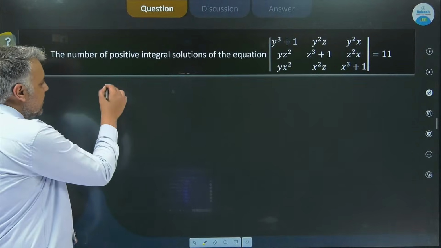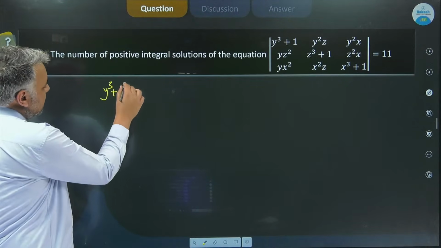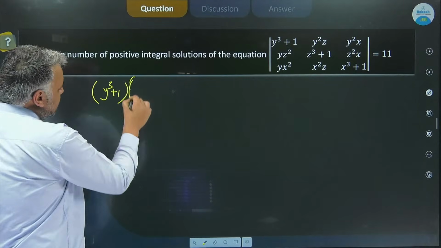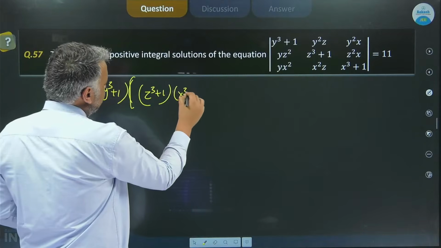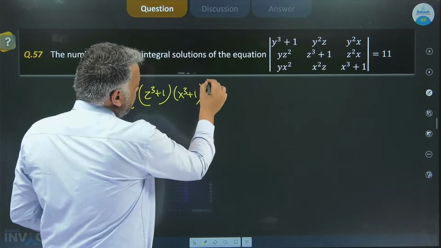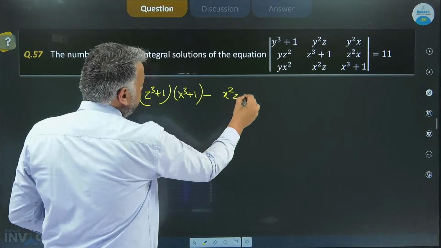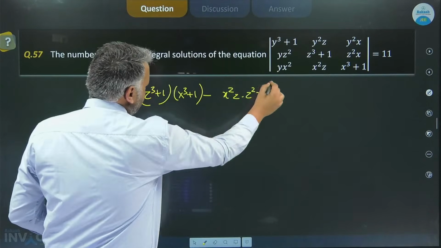If I expand this, there is not much calculation. So this will be z cube plus 1 into x cube plus 1 minus x square z into z square x.